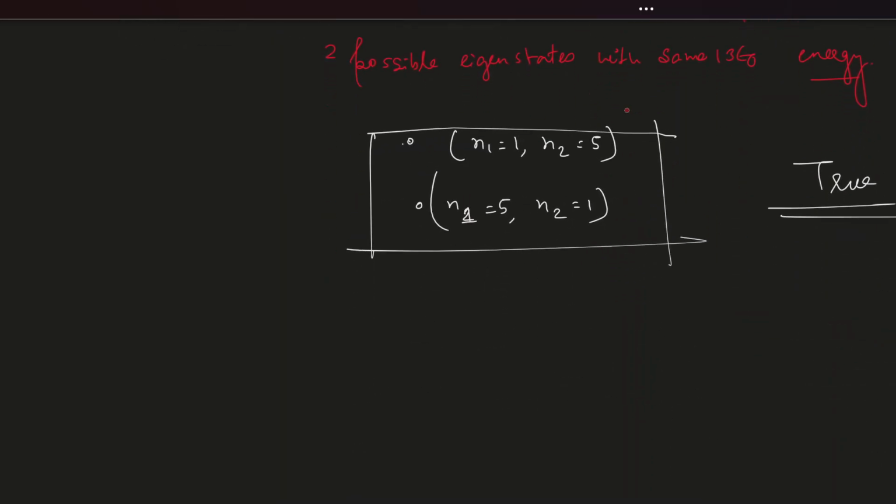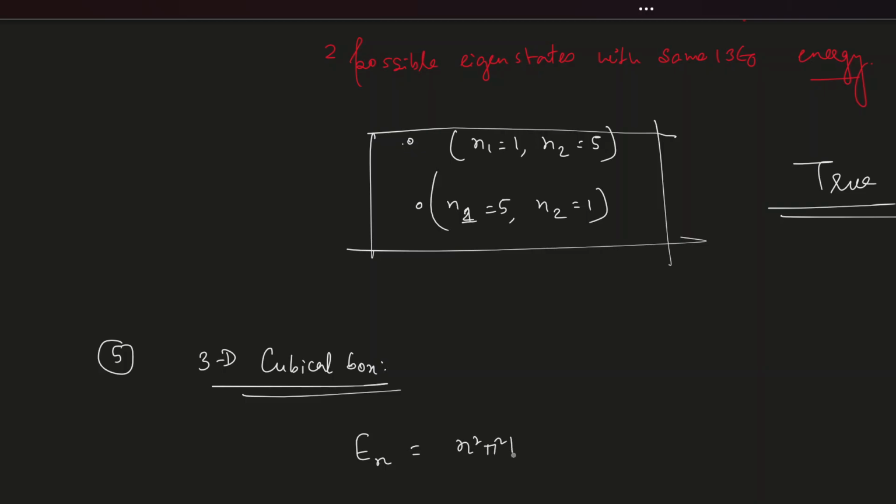Okay, so this is question number 5. This is a 3D cubical box, a particle in a box problem but in 3D. The general eigenenergy value is En = n squared pi squared h-bar squared divided by 2m L squared.